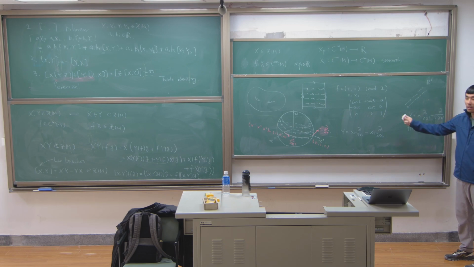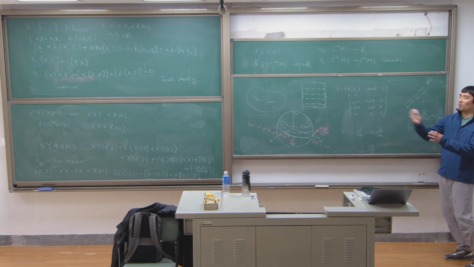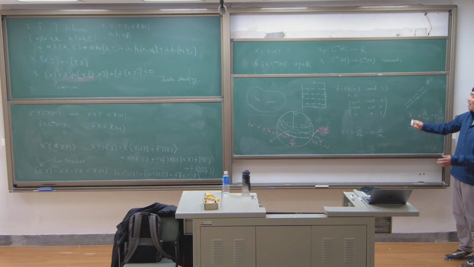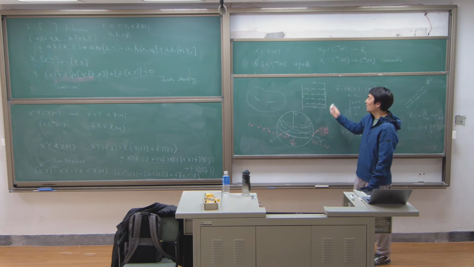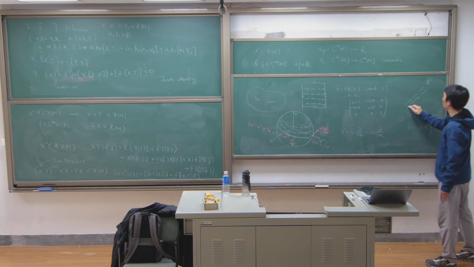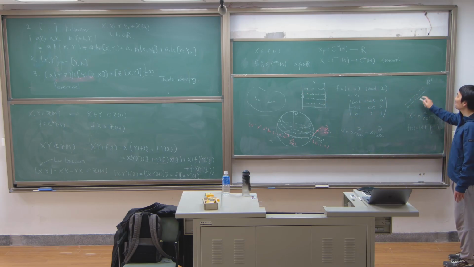Flow means that after time t, you move along the vector field, and if you move another time s, you get to this point, and so on.